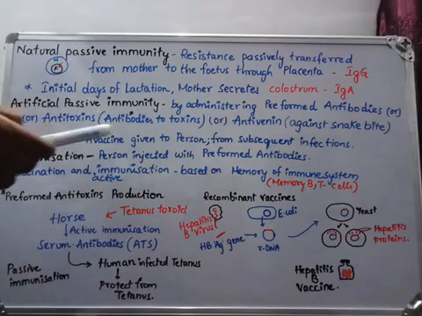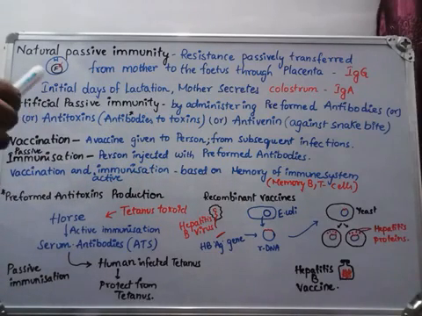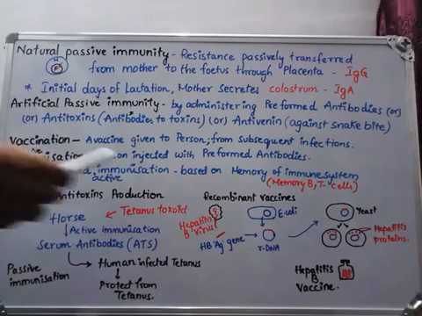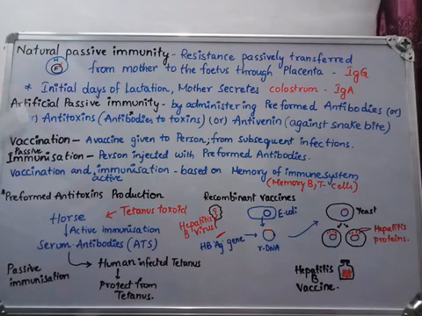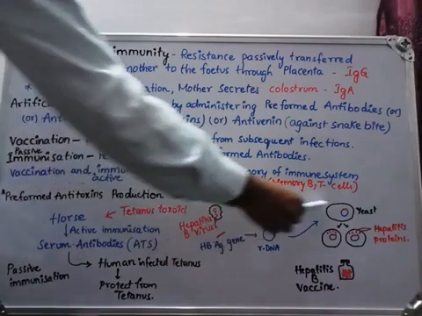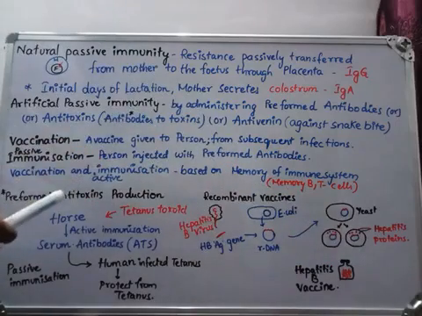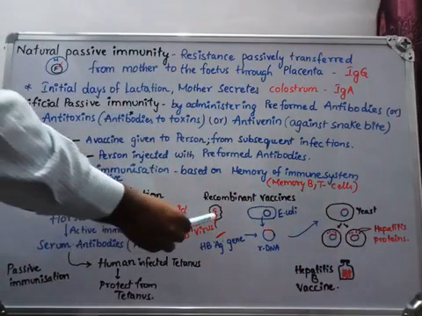Two techniques, genetic engineering and rDNA technology, are used to produce the hepatitis B vaccine. These will be studied in the Biotechnology: Principles and Processes chapter, but for easy understanding I have given the figures also. Observe carefully here.